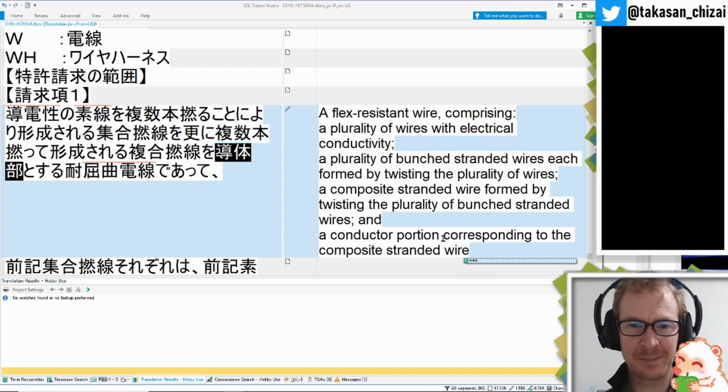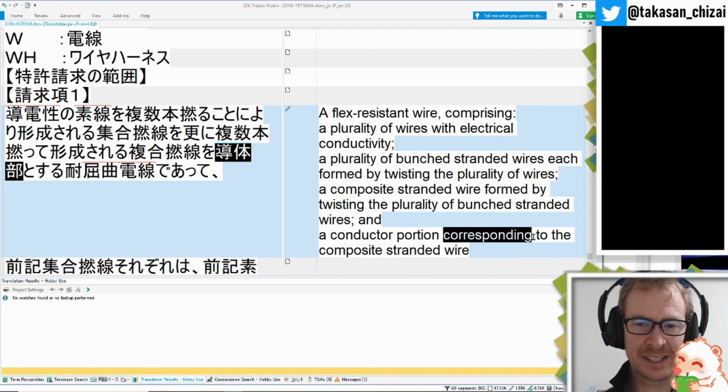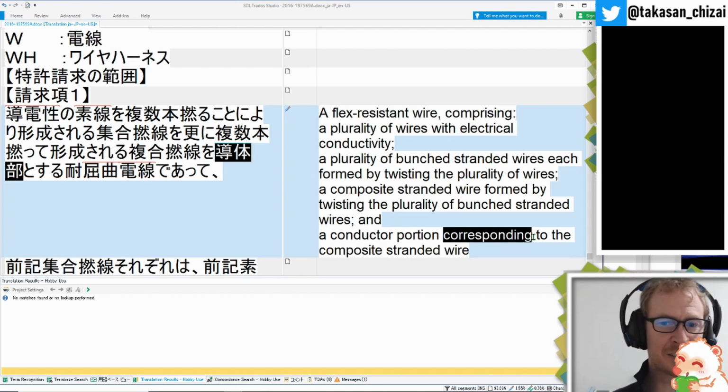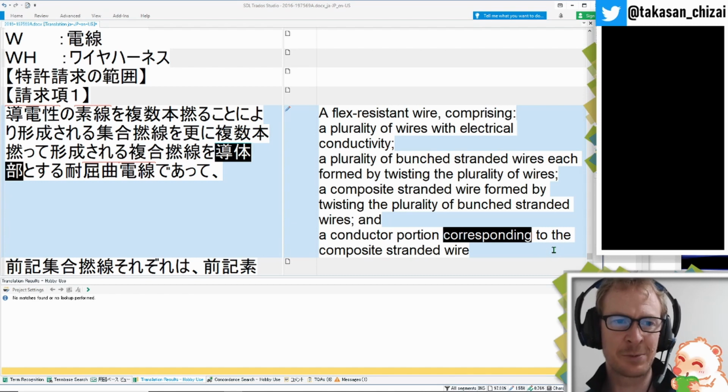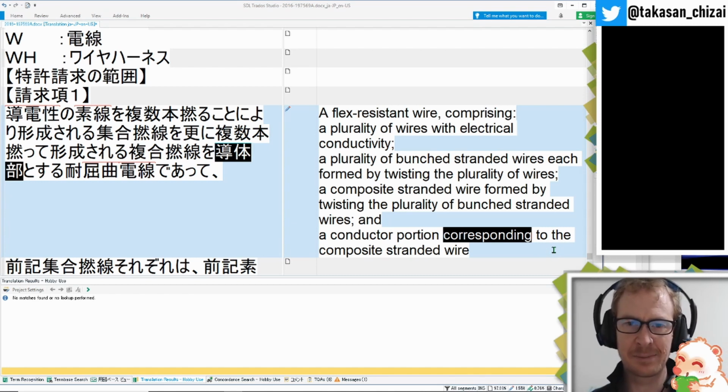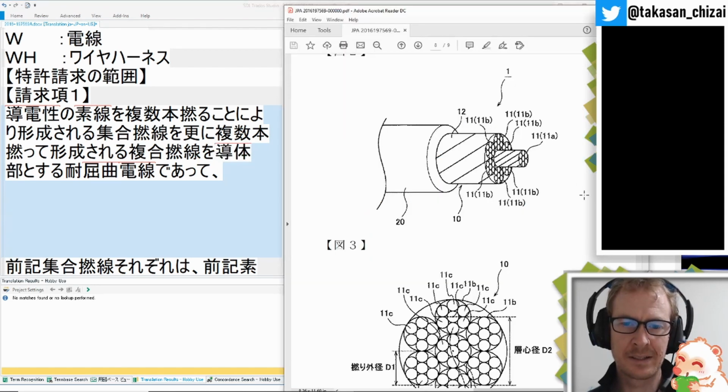I don't think it's right because the meaning of this corresponding to might be understood as an associated relationship. Like, we're not saying it's associated, we're saying it's a one-to-one relationship, that the composite stranded wire is a conductor portion.